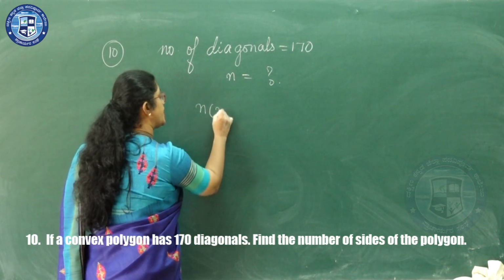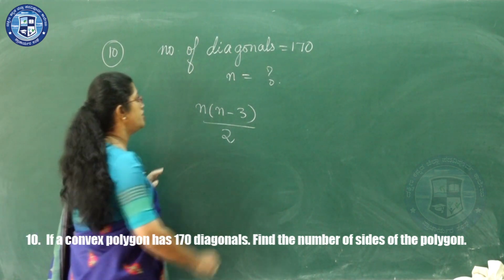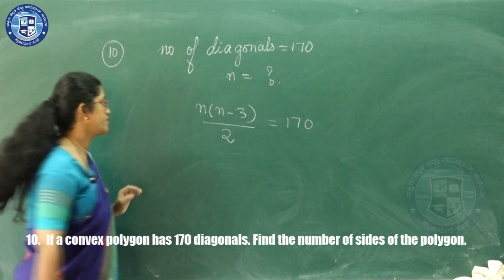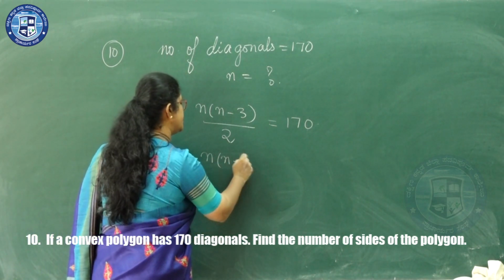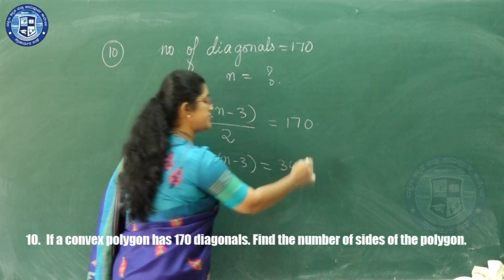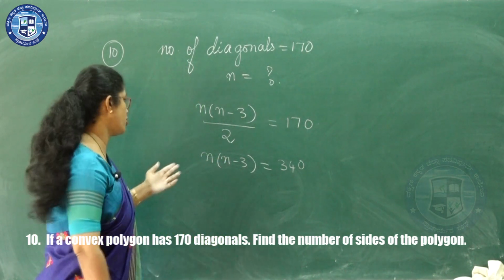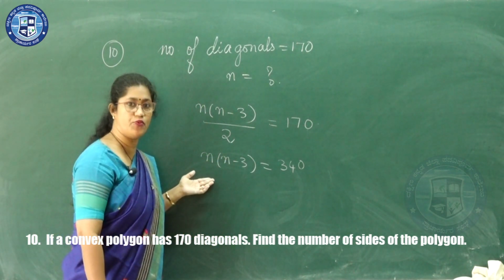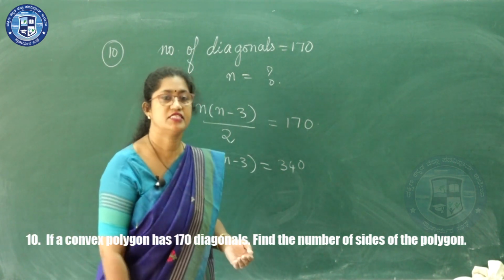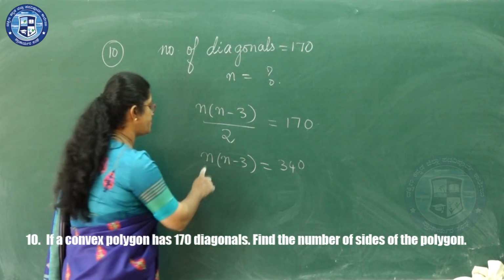Number of diagonals n into n minus 3 divided by 2 is equal to 170. n into n minus 3 equal to 170 into 2 and that is 340.